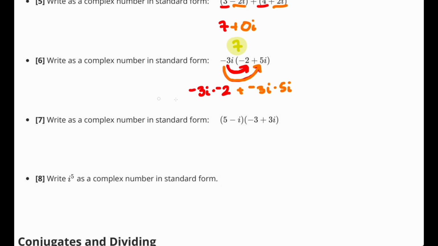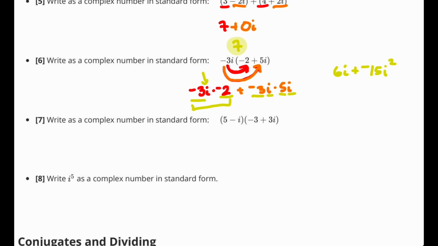You get something like that. This combines with the -3 and -2 to be 6. The i has to carry over as well, so don't just forget about that i there. And then we're going to plus -3 times 5 is -15. And then i times i is i squared.